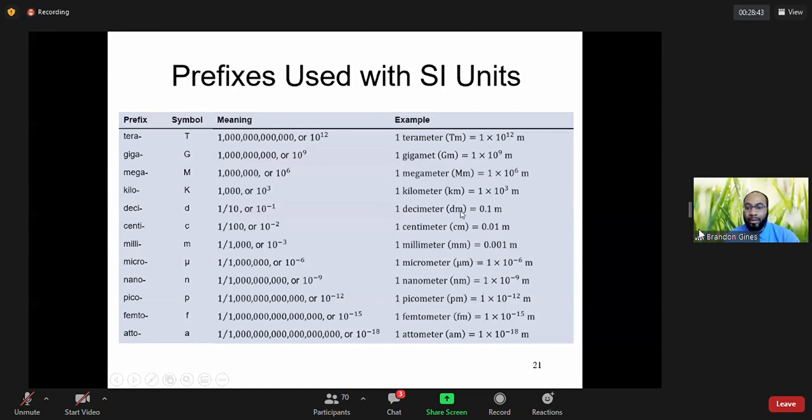As an example, 1 decimeter equals 0.1 meters, but how many meters is equivalent to 553 decimeters? There are calculations you can carry out to do that. But for now, initially, you need to know these prefixes and their equivalency to the base unit.